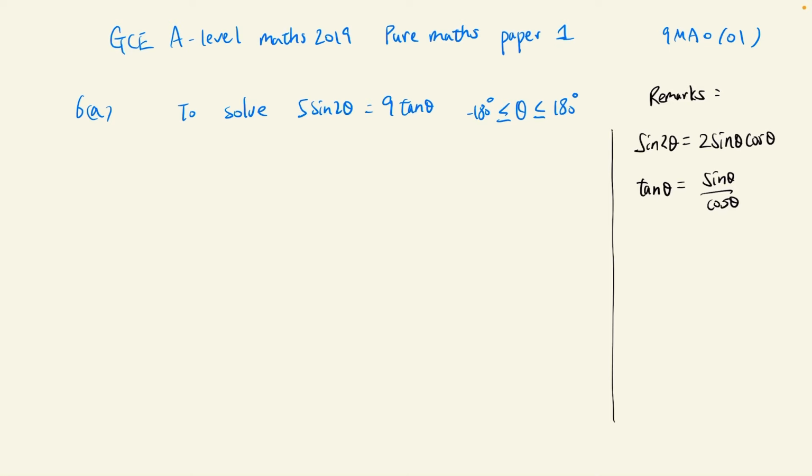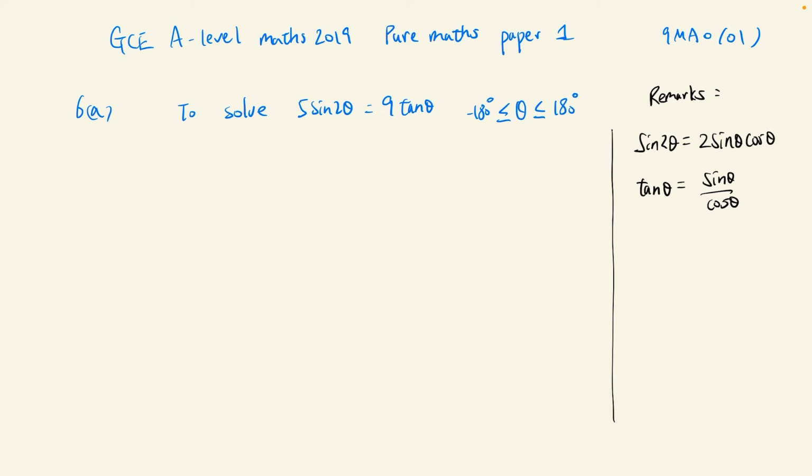To do this question, we have to know the double angle formula: sine 2 theta is equal to 2 times sine theta cosine theta, and tangent theta is equal to sine theta over cosine theta.